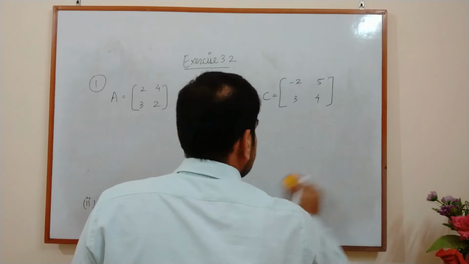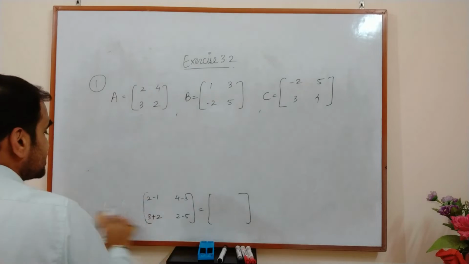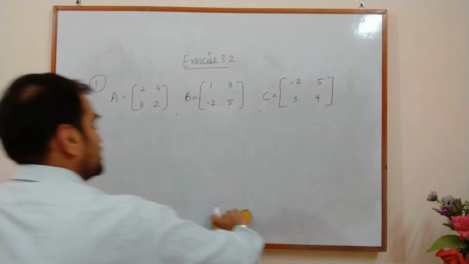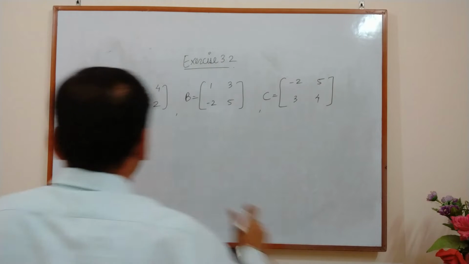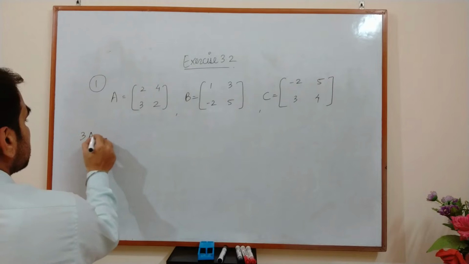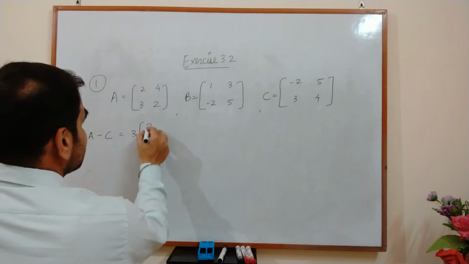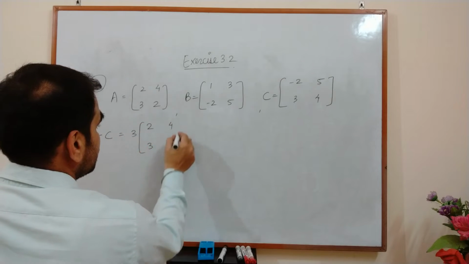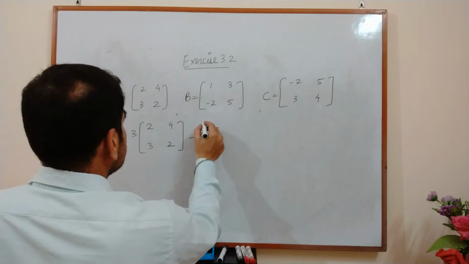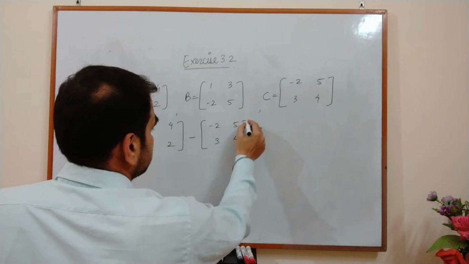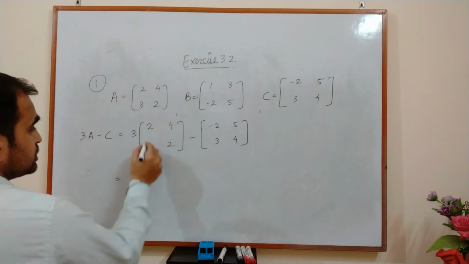Here 3A is a kind of scalar multiplication. First we have to multiply matrix A with the scalar number 3, then we have to subtract. So 3A minus C is 3 times matrix A, which is 2, 4, 3, 2, minus matrix C, which is minus 2, 5, 3 and 4.